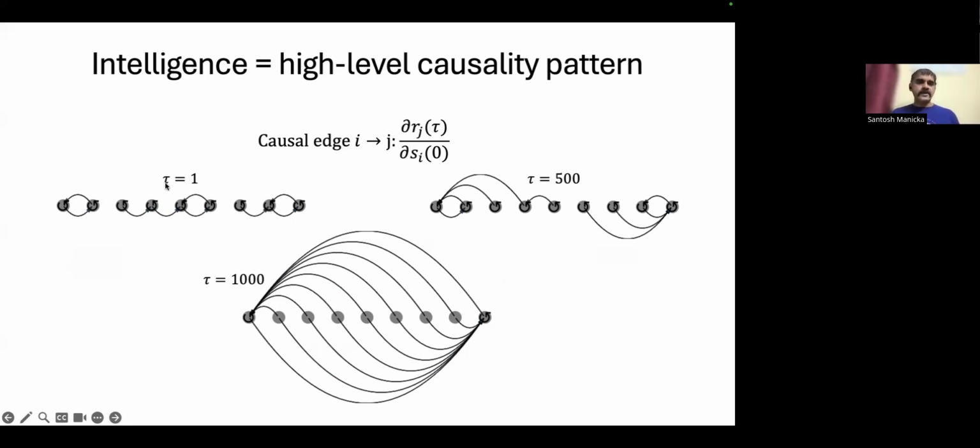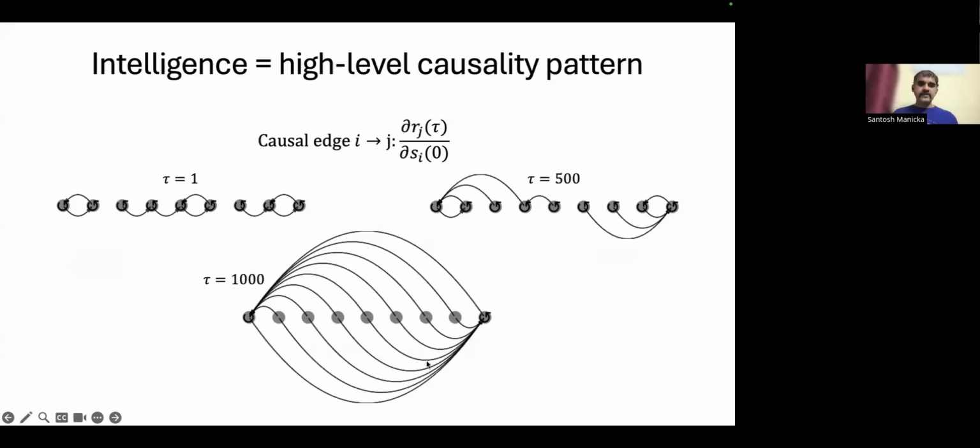When we do that, what happens is at short time scales, these causal edges are all locally contained. It's because our model has short range connections. But over longer time scales, you will see that these long distance causal connections emerge.